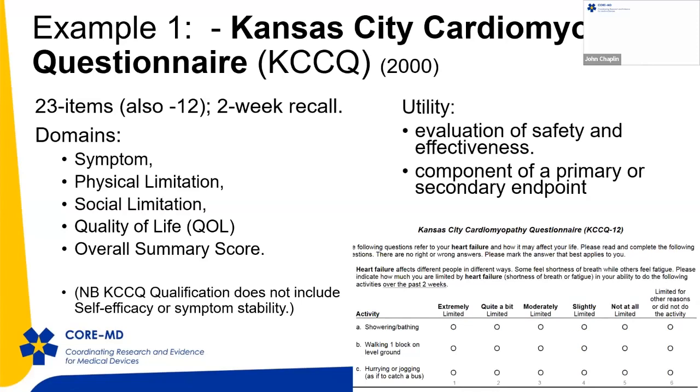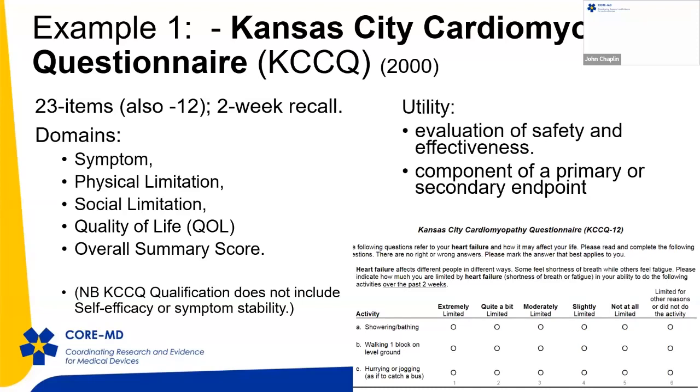What is interesting to note here is that the MDDT didn't find qualification for some of the domains in this questionnaire. So domains looking at self-efficacy and symptom stability were not qualified for the questionnaire.